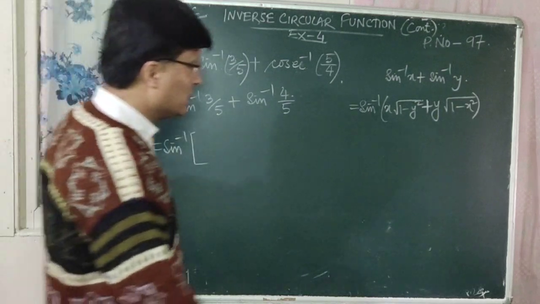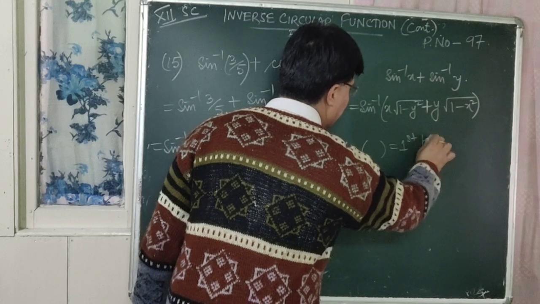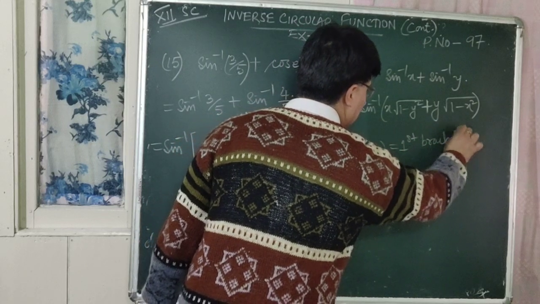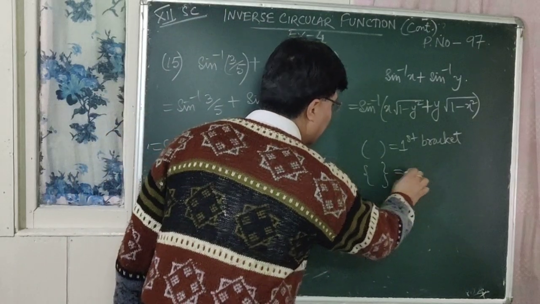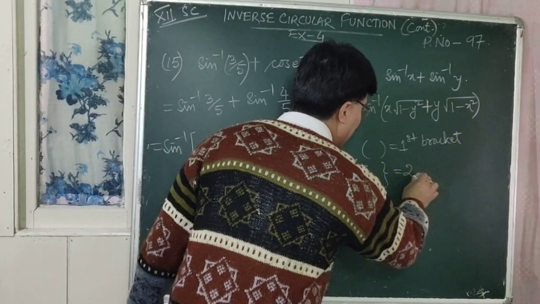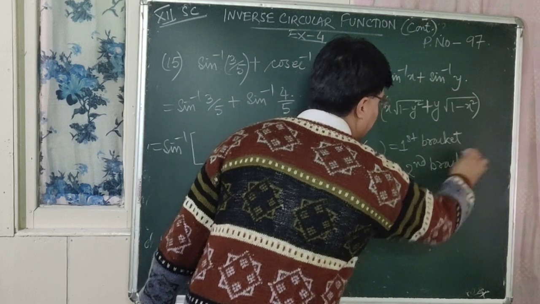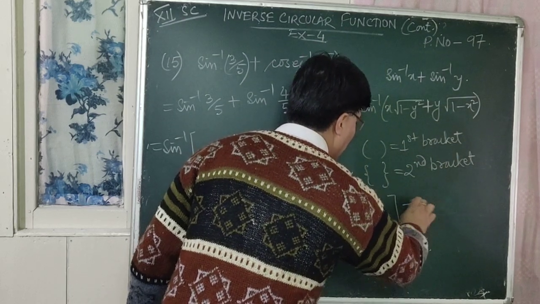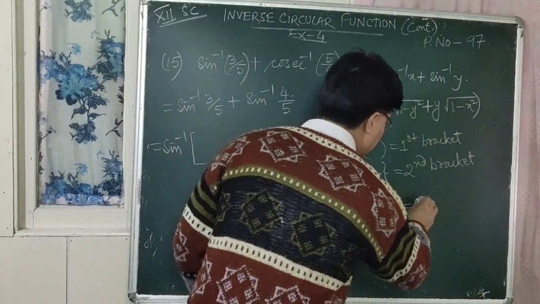You know brackets, isn't it? This is known as the first bracket. You know that. This is your first bracket. This curly bracket is known as the second bracket. And this square bracket is known as the third bracket.